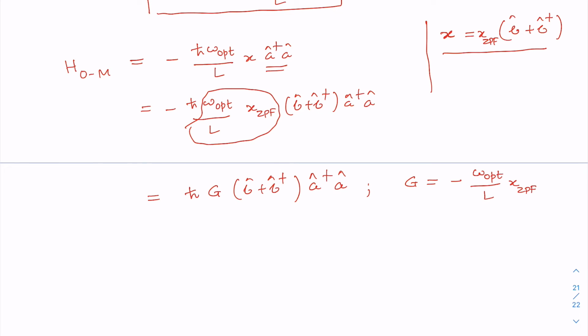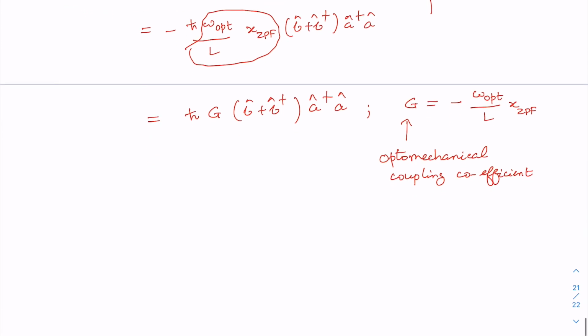Okay, so this Z is called the optomechanical coupling coefficient. Therefore, this optomechanical interaction term I can simply write as h cross Z (b plus b dagger) a dagger a.